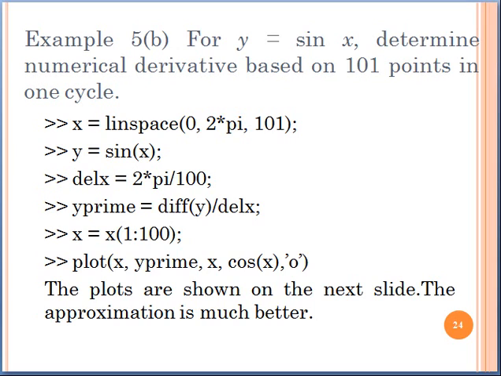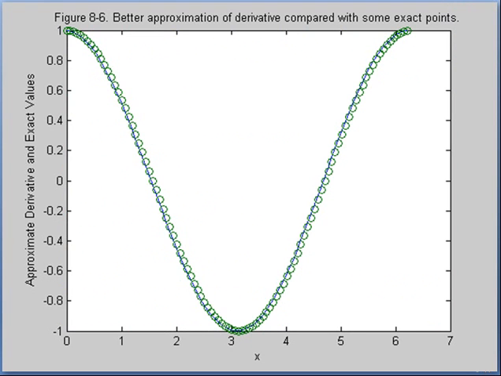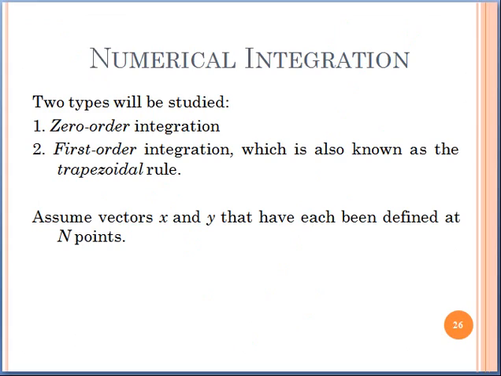So y same, del x also 2 pi by 100 instead of 10. Then we have defined the y prime, del y by del x. X again ranges from point 1 to 100, and same we have plotted it. See, here this is the plot of the function on 101 points.